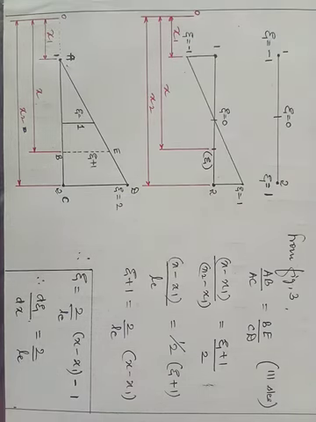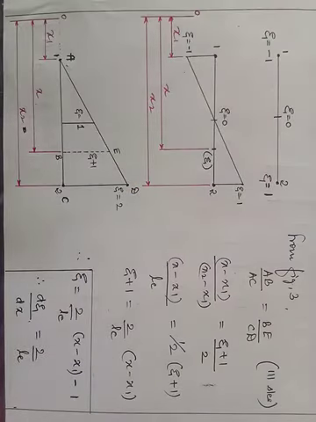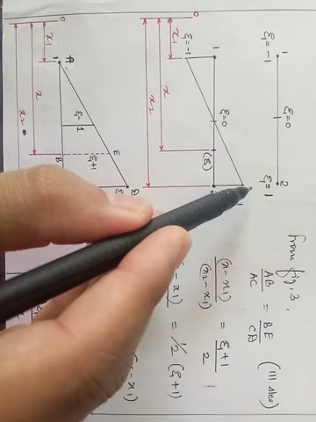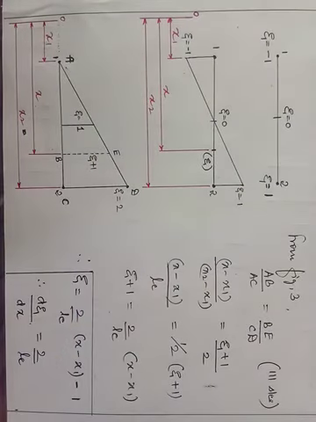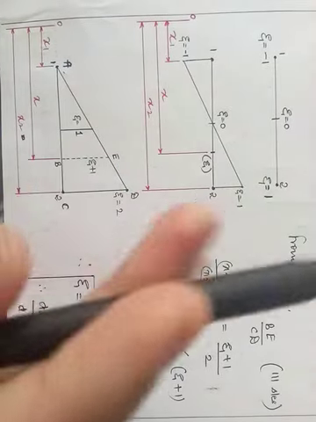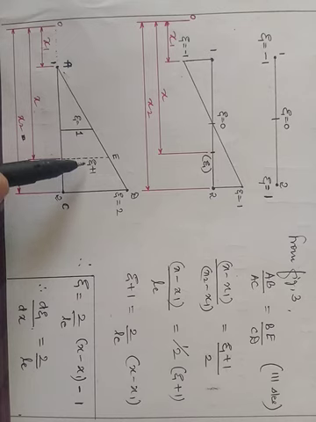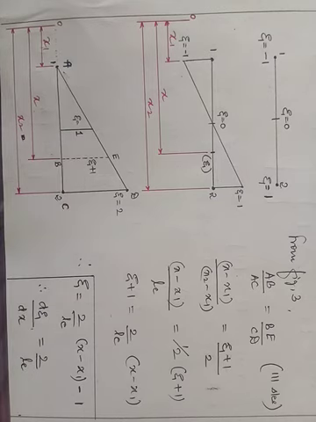Now what will be the value of this point zeta if you are shifting this line? If you are shifting the entire line by unit distance, this point will also shift by a distance, zeta plus 1.